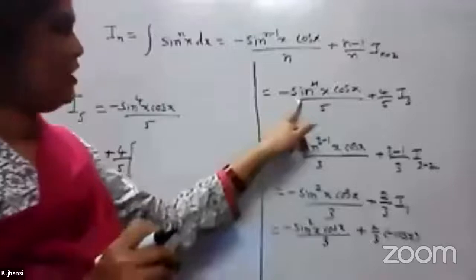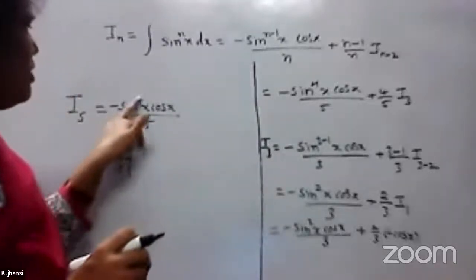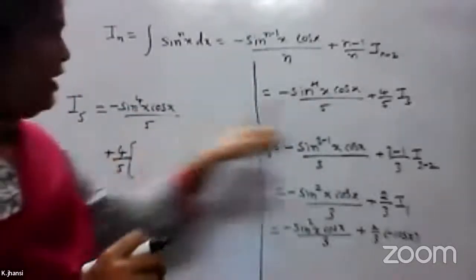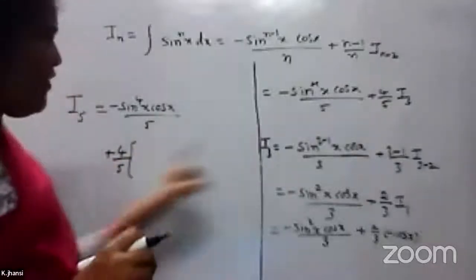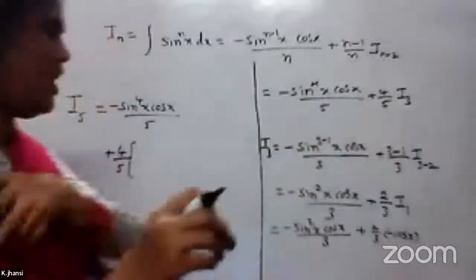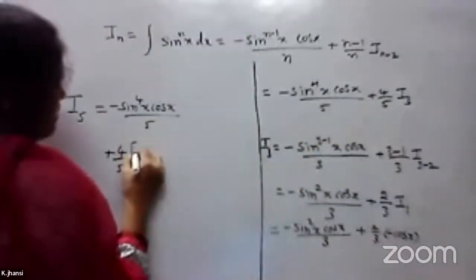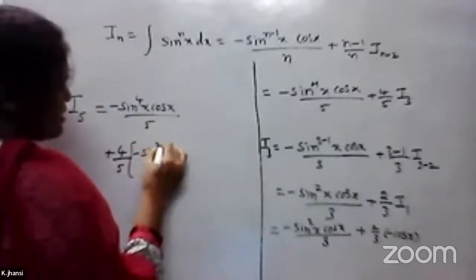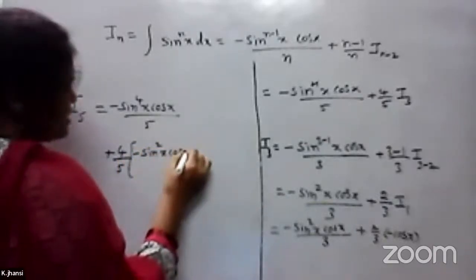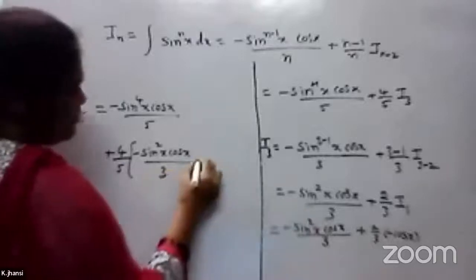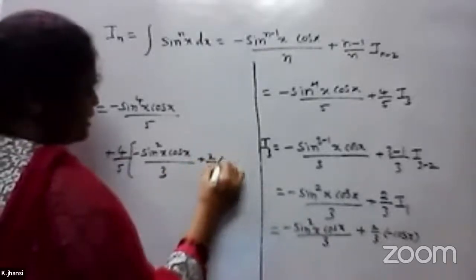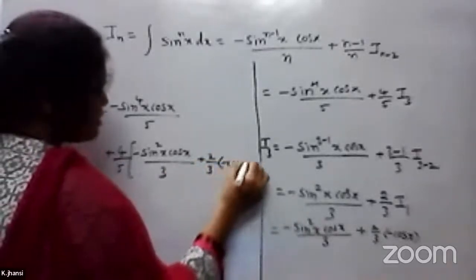In this we are substituting the values. What is our I3 value? I3 value is minus sin^2 x cos x by 3 plus 2 by 3 times minus cos x.